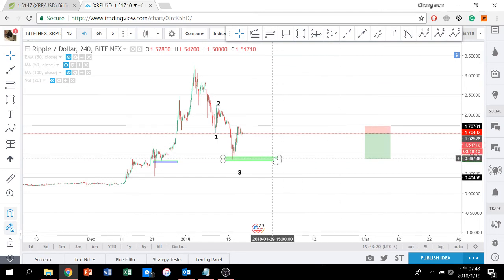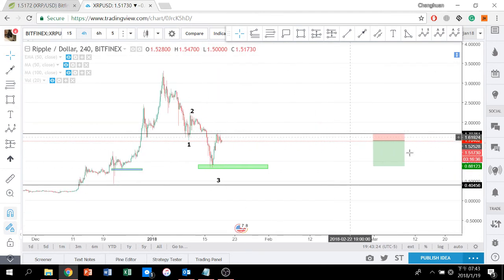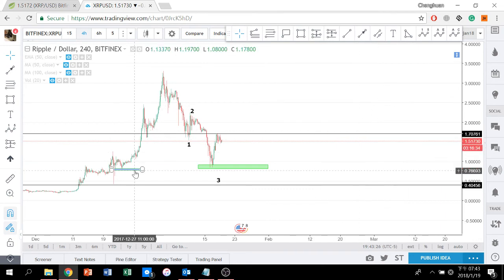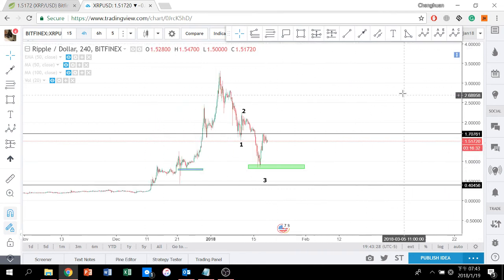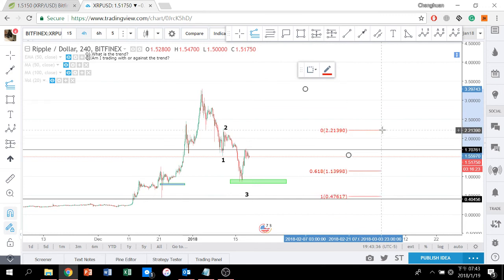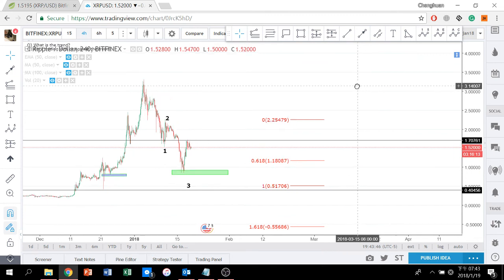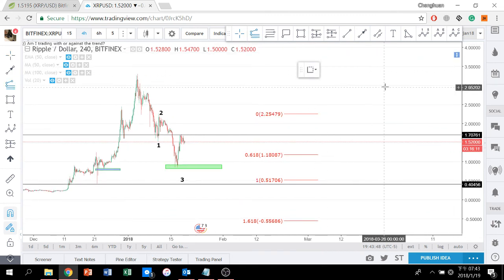Okay, now that we're at it, might as well just redraw the extension again. If we get rid of this, we look at a Fibonacci extension of wave 1, 2, and let's not use that peak, let's use this peak, and let's also use that peak too, right?